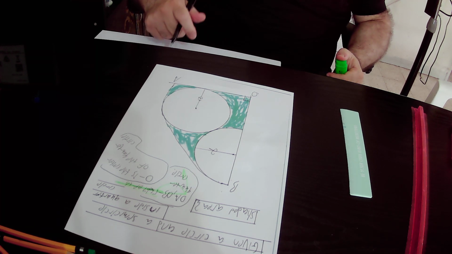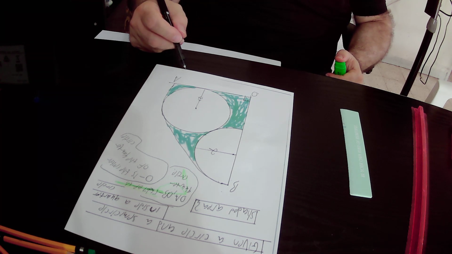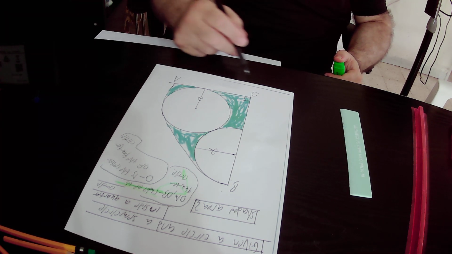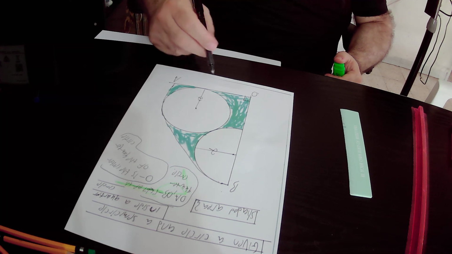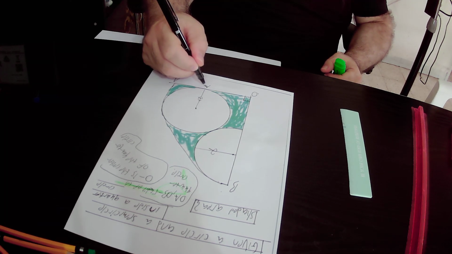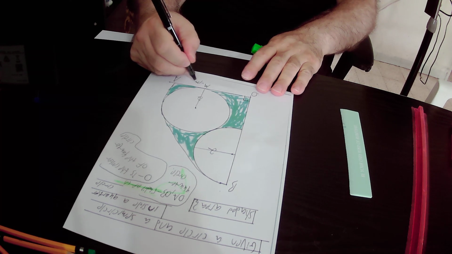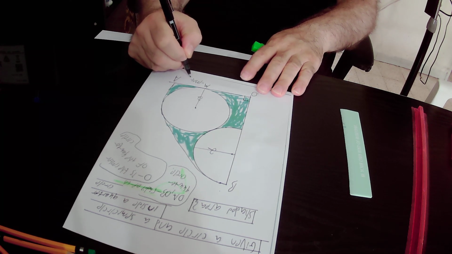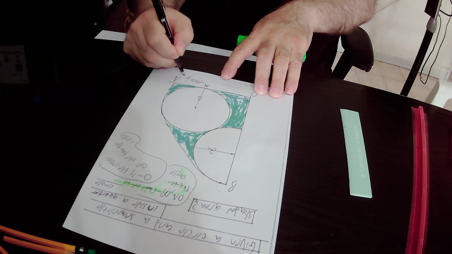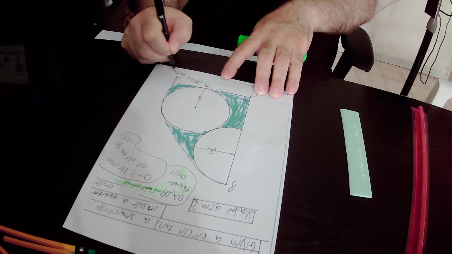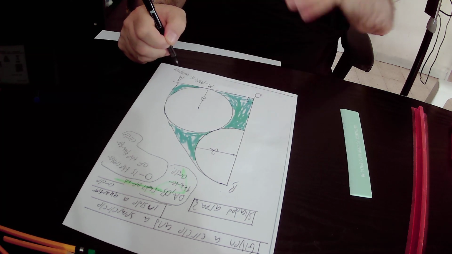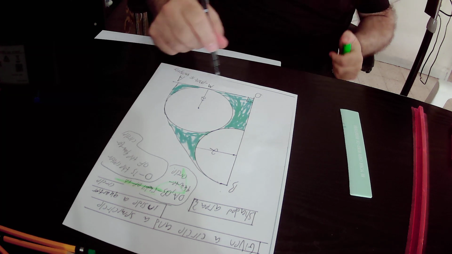So we define the point of tangency of tangent OA with this circle as point M. I'll repeat again that point M is the point of tangency of tangent OA with this circle.